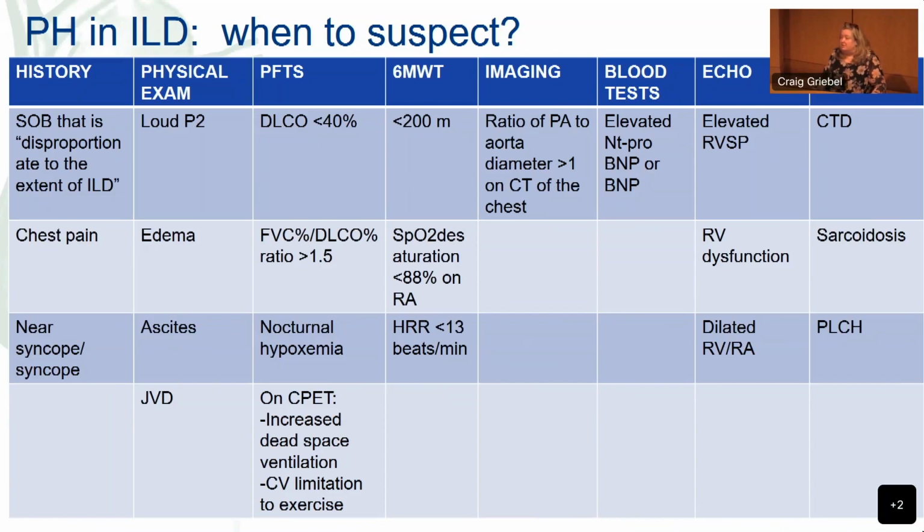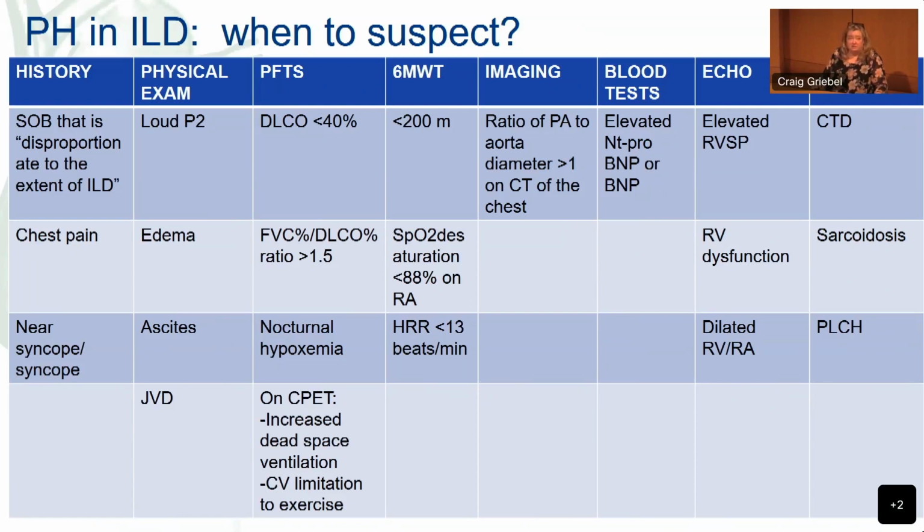ILD providers tend not to order the 6-minute walk, but the PH people have had a love-hate relationship with it, and currently we love it. A low walk distance is not only a prognostic marker, but it could be a clue, as well as significant oxygen desaturation. Another clue is decreased heart rate recovery.